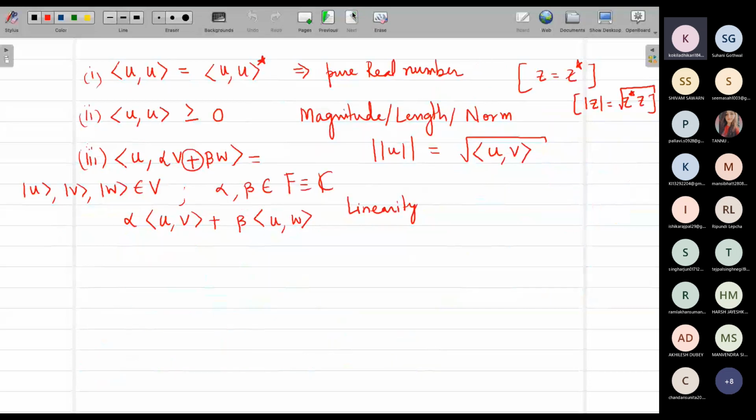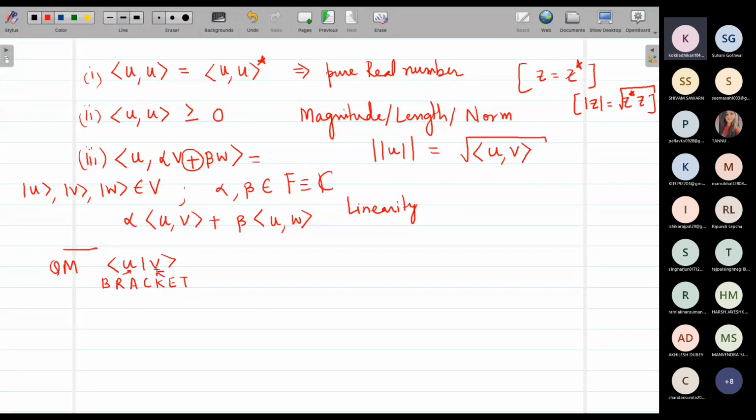About the notation, let me tell you. In quantum mechanics books you will see a notation like this. This is the famous Dirac bracket. I am not going to say anything about it right now, but I will in the quantum mechanics class.